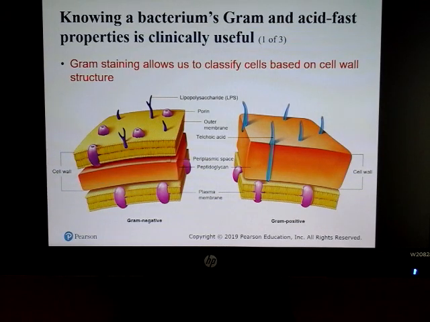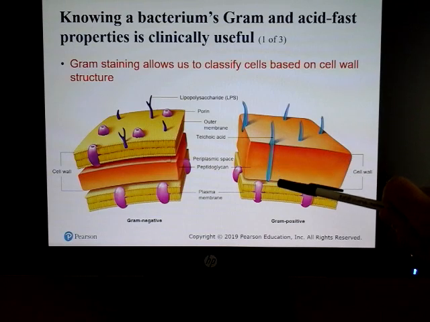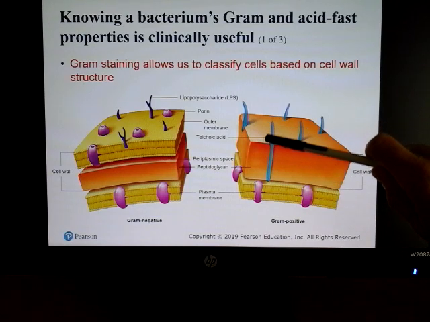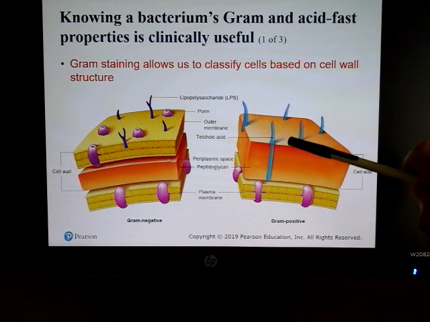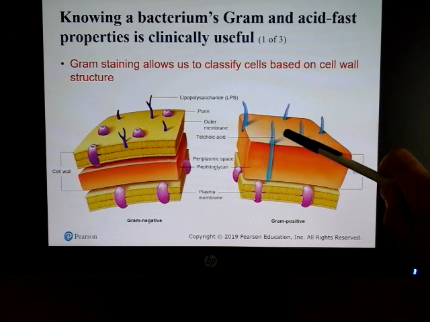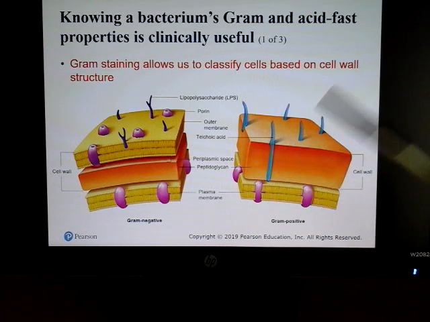If we look at the gram-positive, they have a very thick peptidoglycan. They also have teichoic acids, and there's another type of teichoic acid called lipoteichoic acid, not shown here, that also goes all the way through. And they also have a plasma membrane.